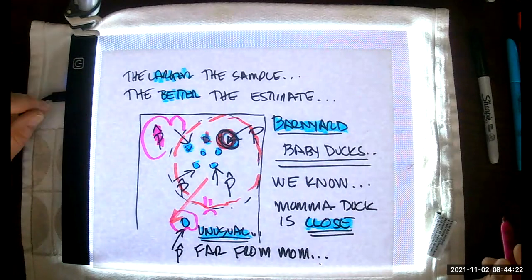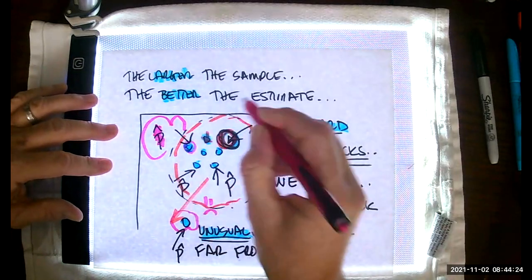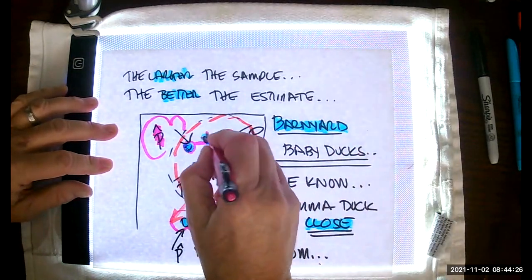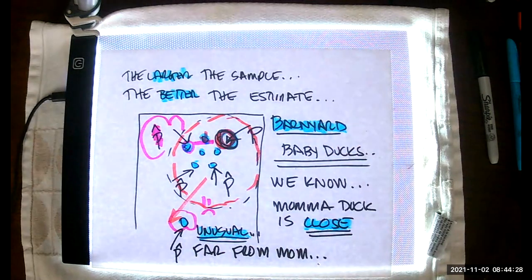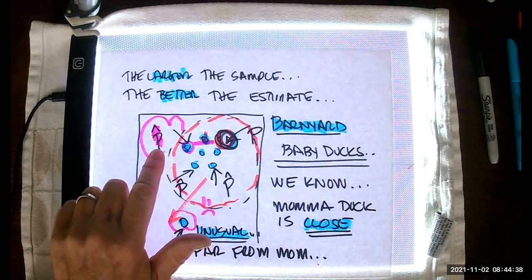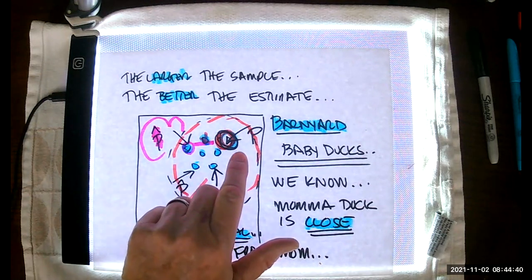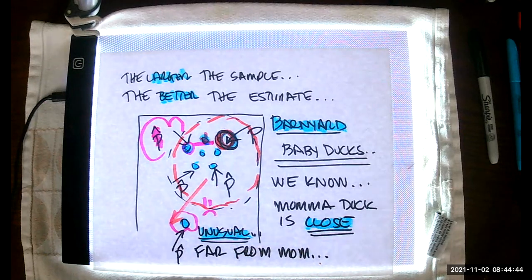And we're going to count on the fact that my baby duck that I get, my sample, should be close to the real mama duck. And that's really the bet that we make with our inferential statistics. We count on the fact that my sample statistic will not vary much from the population parameter. That's because of the power of the central limit theorem. All right, let's leave the barnyard alone.